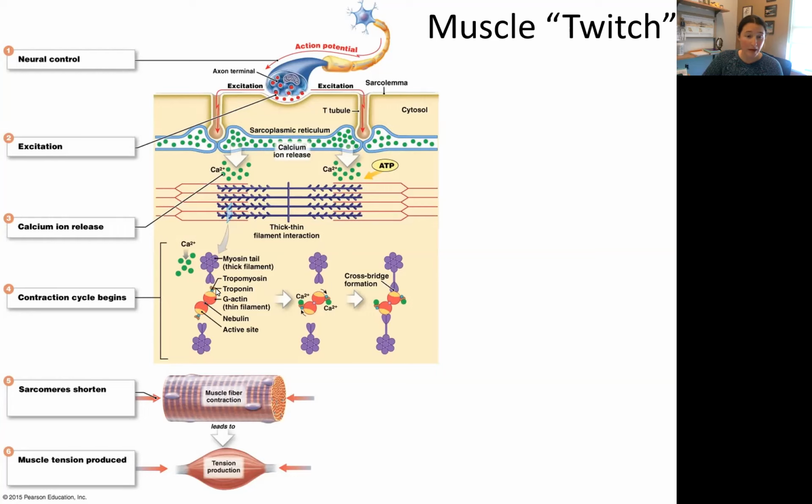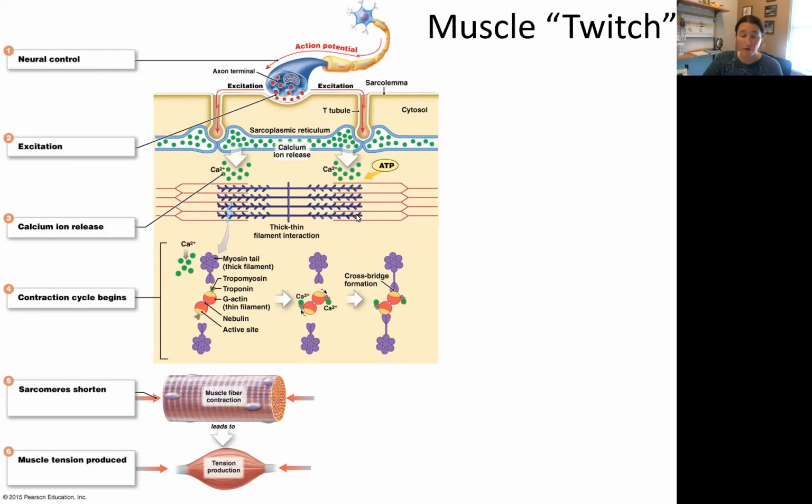Remember that calcium binds to troponin, which moves tropomyosin out of the way. So here, calcium bound to troponin, tropomyosin is moved out of the way, leaving the active sites wide open. As long as the active sites are open, myosin, with these little myosin heads, is going to bind to the active sites here, forming a cross bridge.